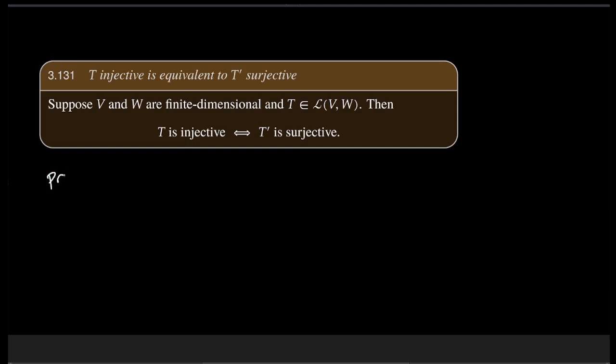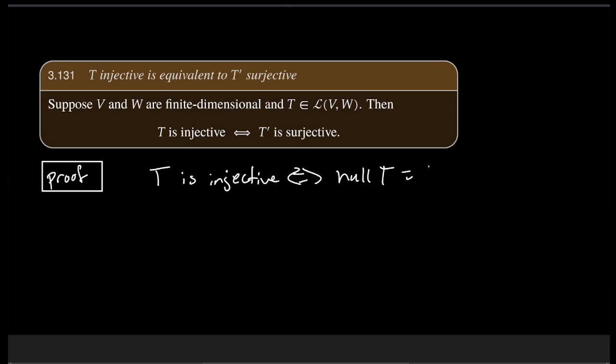All right, proof. Quick proof. Okay. T is injective if and only if its null space is trivial. All right, that only happens, we know, if the annihilator of the null space is every single linear functional.